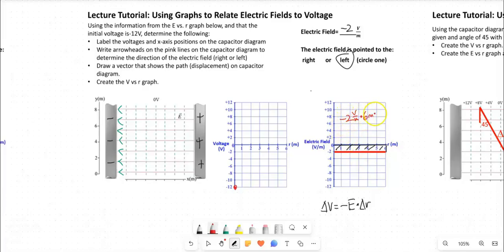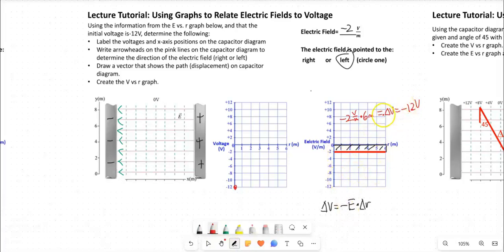So E, the electric field E, and I don't mean -E, it's the electric field, is -12 volts. Not electric field. The change in voltage is -12 volts. So this is the change in voltage, right?